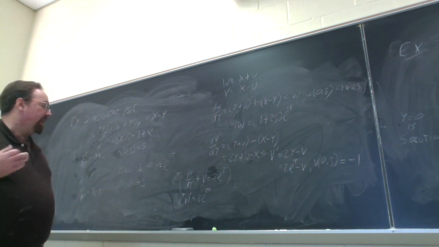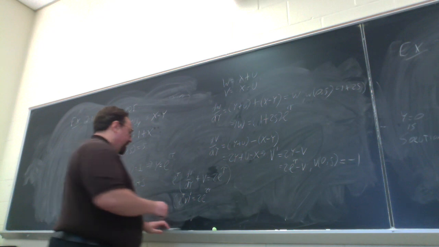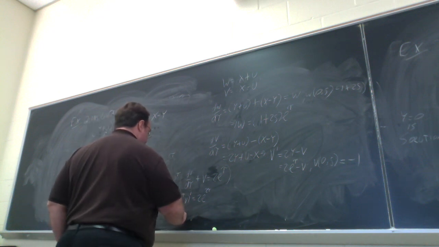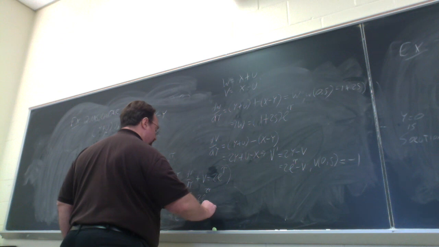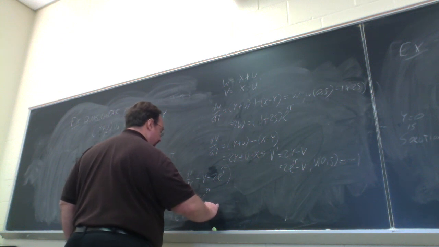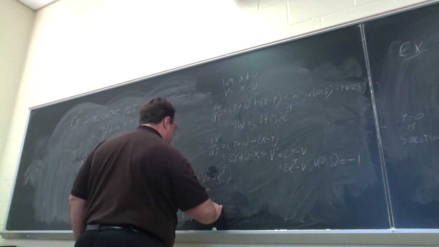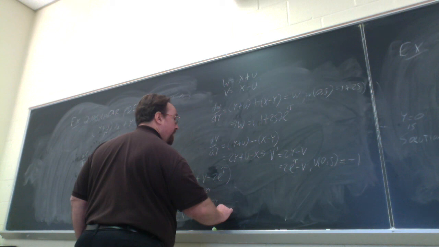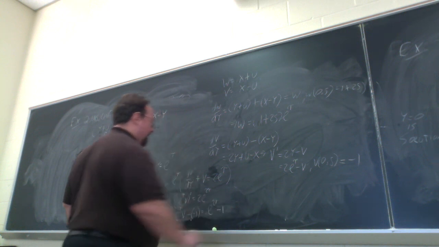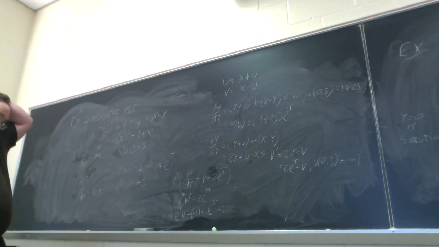So now I integrate both sides of this, and you get e to the tau v minus the initial value, which is minus 1, is equal to e to the 2 tau minus 1.